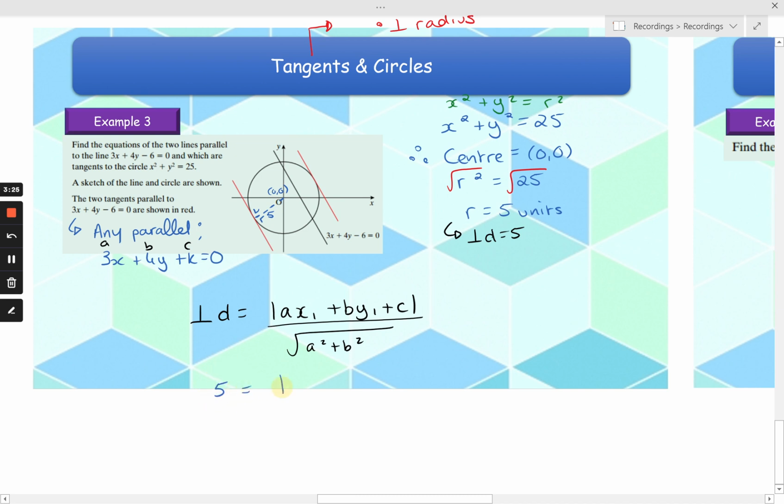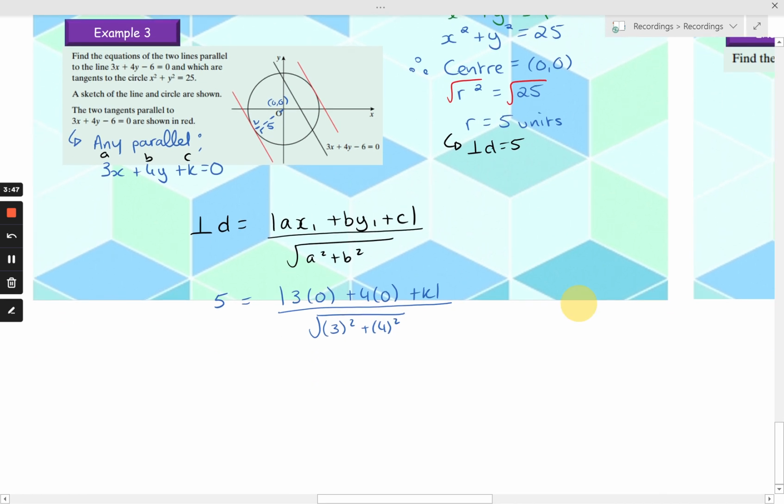We have 5 is equal to, our x1, y1 are going to be at the center of our circle, (0, 0). So we're going to have 3 by 0 plus 4 by 0 plus k, all over the square root of 3² + 4². And remember, we're trying to find the value of k.